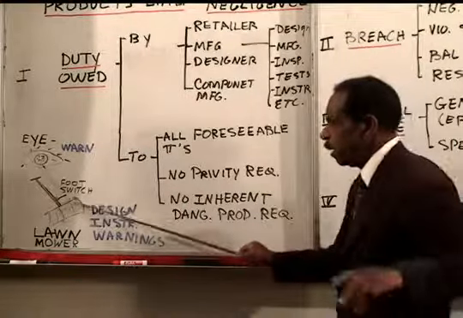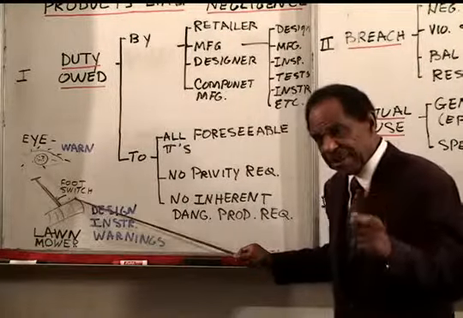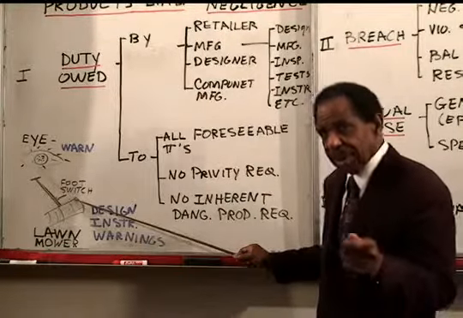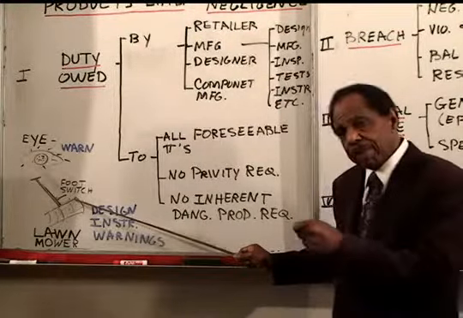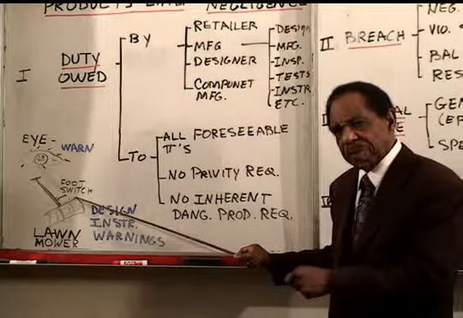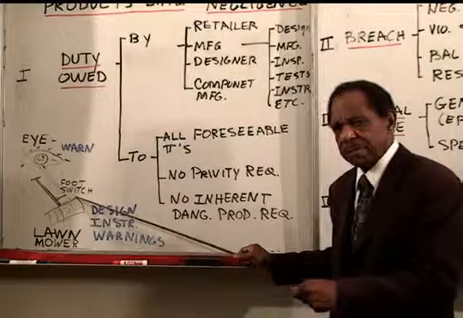Now keep in mind that if you design something negligently so that it creates unreasonable risk, when you now do a strict liability analysis, that's going to be a defective product, and strict liability is going to apply to that.